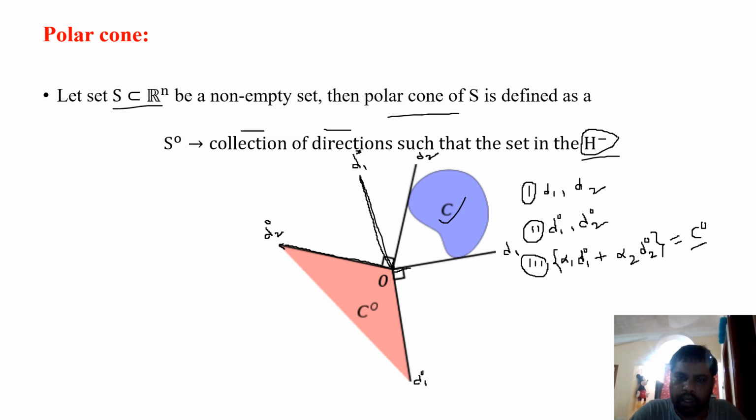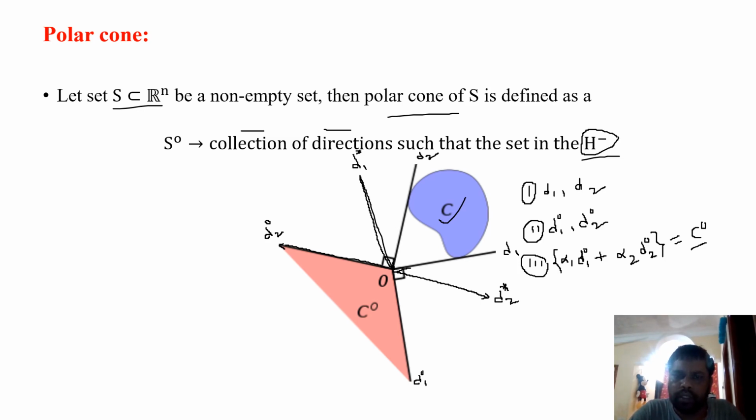Also you need to see the dual structure, which is perpendicular to the dual cone. You have to observe the dual cone as well in the graph. Whenever you are finding the polar cone, in the process you also try to find the dual cone, in order to see the relation between the polar cone and the dual cone. In the next slide, I will talk about that relation.